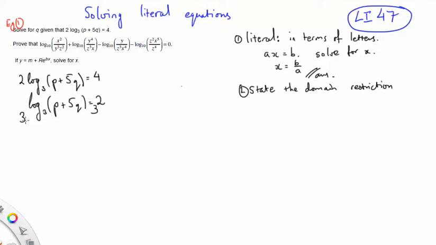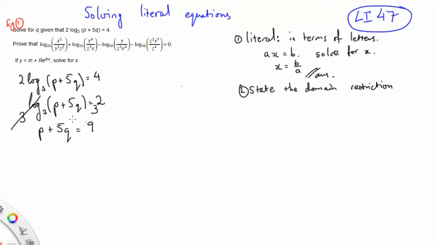So I've just made it 3 to the power of log base 3 of (p plus 5q) equals 3 squared. The beauty of that is this actually cancels this. So the 3 log base 3 goes away. And you get p plus 5q equals 9. So that's one way to handle it. One way to think about it.